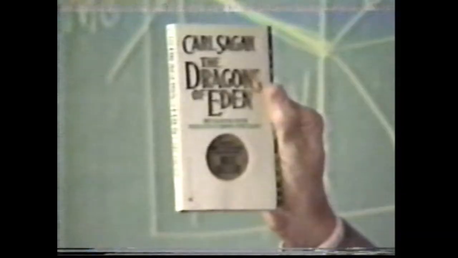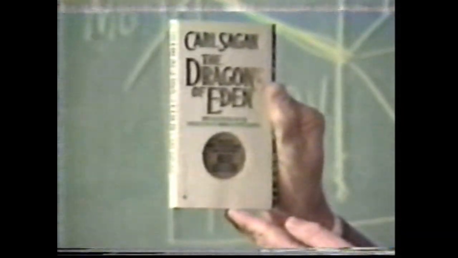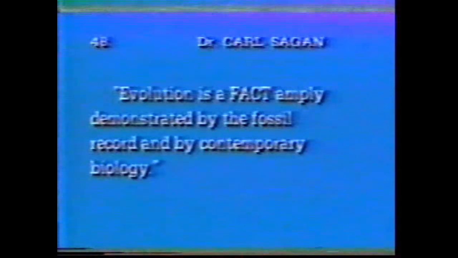Carl Sagan is a professor of astronomy at Cornell University, and he's written this book entitled The Dragons of Eden, Speculations on the Evolution of Human Intelligence in 1977. On page 6 of that book, Professor Sagan said, number 48, evolution is a fact. It is a fact, amply demonstrated by the fossil record and by contemporary biology.